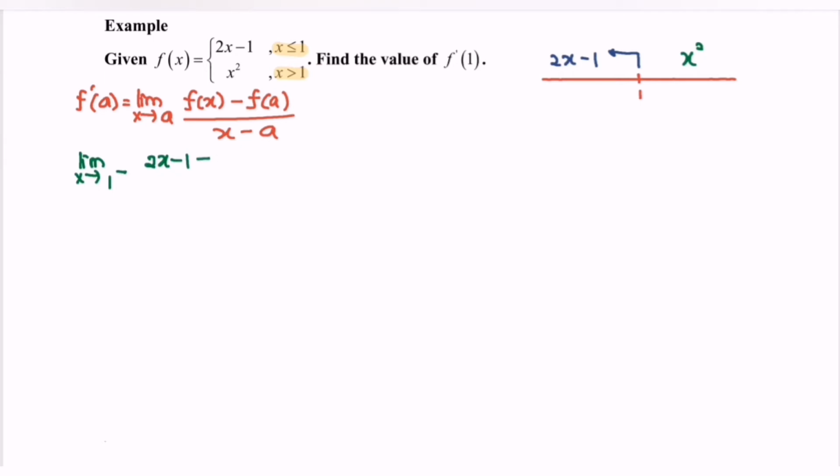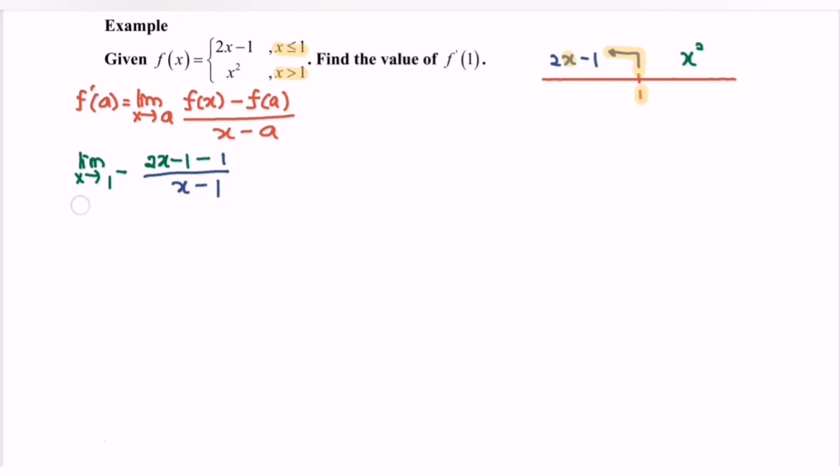In this part, we apply the function 2x minus 1 because if the value is 1, the function would be the left hand side. So 2 multiplied by 1, we have 2 minus 1, so our answer will be minus 1 over x minus 1.